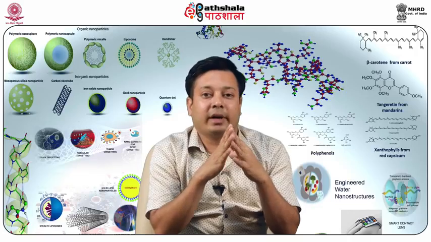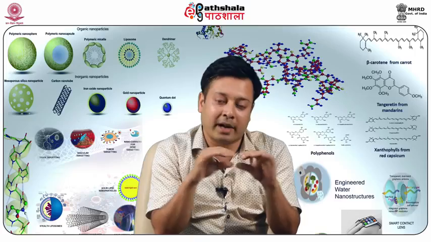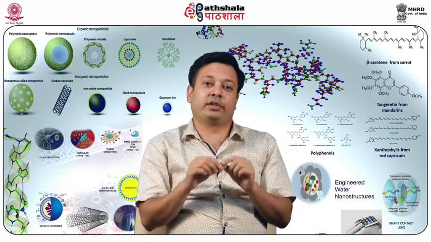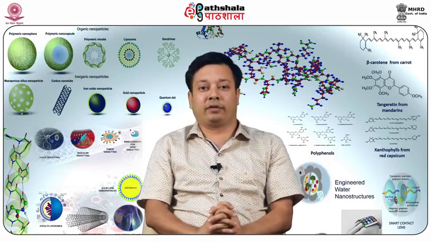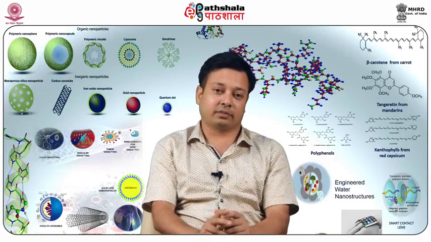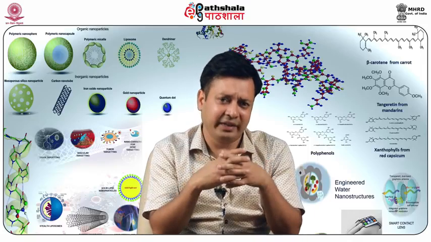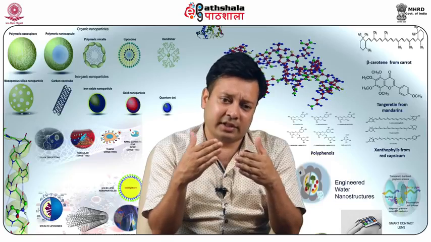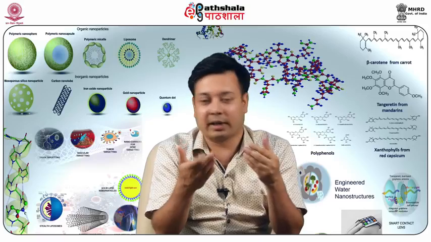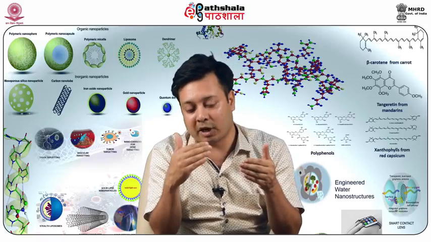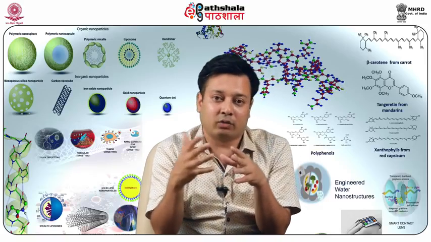Then we moved on and looked into vesicles, how a planar bilayer can close and form vesicles. We looked into different aspects of that, including different radii of curvature. Then vesicles where you can entrap drugs: if you have to compartmentalize hydrophobic drugs or hydrophilic drugs, where in the vesicle they will go, that we have learned.